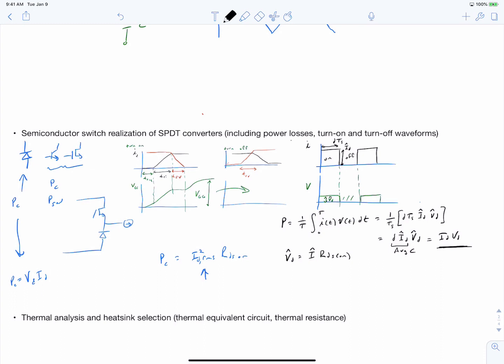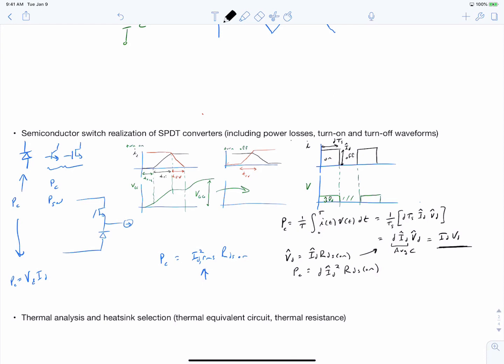Let's plug this into our expression right here, and we're going to get that our conduction loss is equal to D times I hat D squared times RDS on, which is clearly not the same thing. D times I hat D squared is not the same thing as the average current.